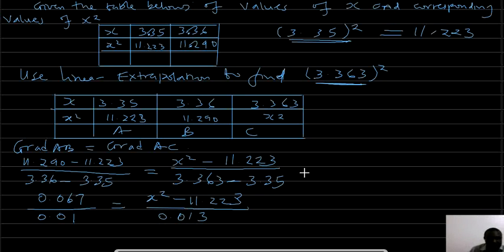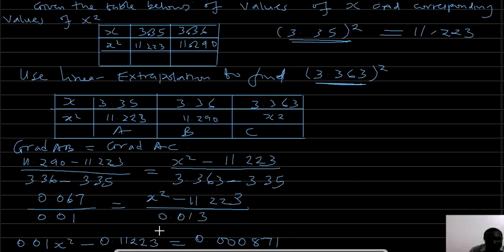So when we cross multiply there, we shall have 0.01 x squared minus 0.01 times 11.223, you'll get 0.11223, giving us that minus that, you'll get 0.000871.